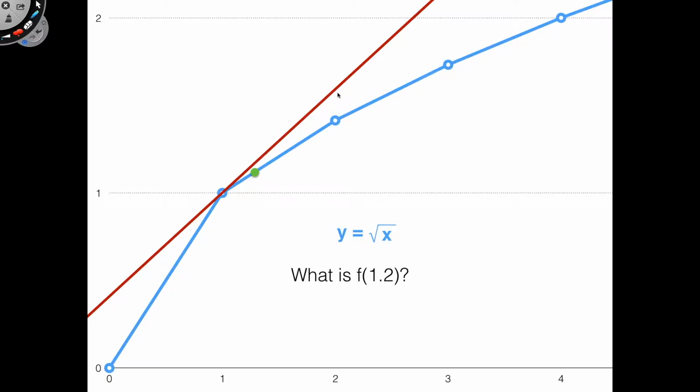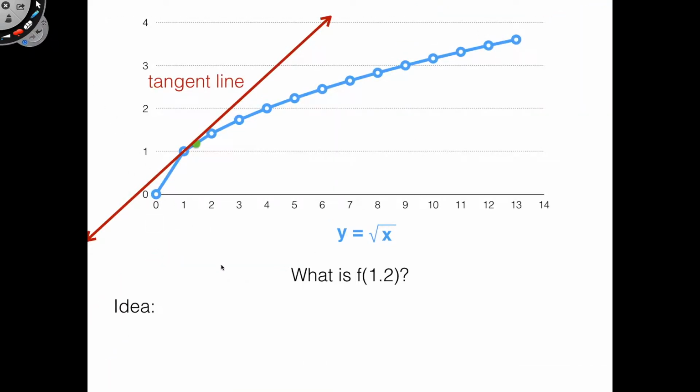Okay, so here's the idea that we're going to use here.